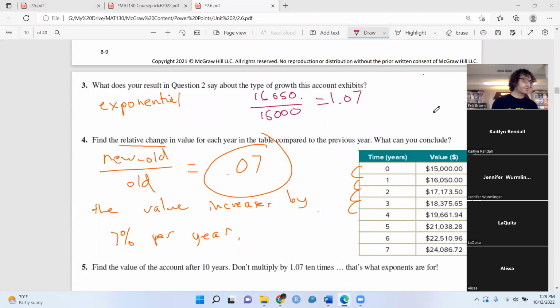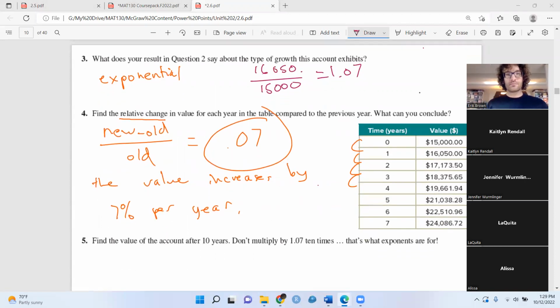Okay, what's the 1 represent? Itself. And as a percentage, what is itself? You nailed it. This is the 100%. This is the 7%. So if we converted this number to a percentage, we would say 107%.